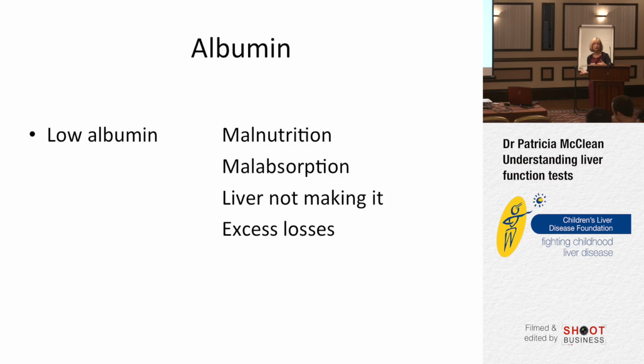And that's when we talk about lack of synthetic function. Or occasionally it's because you're losing too much albumin, either because the child has started to have diarrhea and they're losing protein from their gut, or perhaps just incidentally they're losing protein from another source like the skin in burns, or through the urine if you have an associated renal problem.